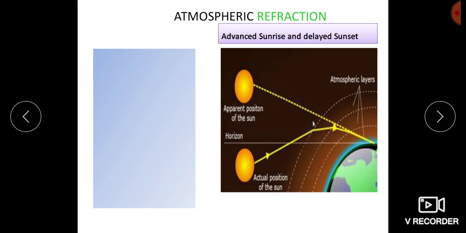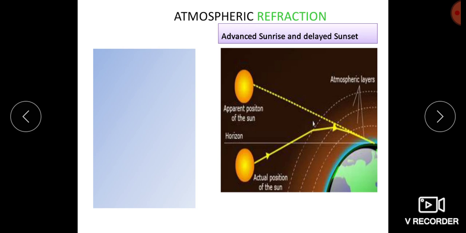Based on the refractive index, the bending takes place and the ray reaches here. A person standing here will see the position of the sun here. So before the actual sunrise, because the sun is actually situated below the horizon, he can see it because of refraction, which is named atmospheric refraction. Atmospheric refraction causes delay in sunset and advanced sunrise.